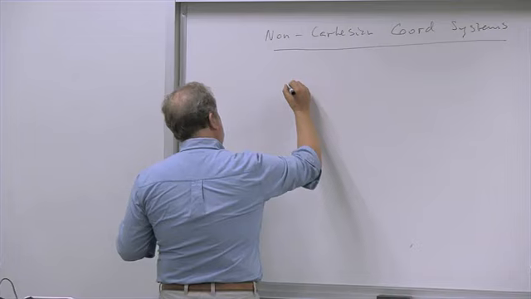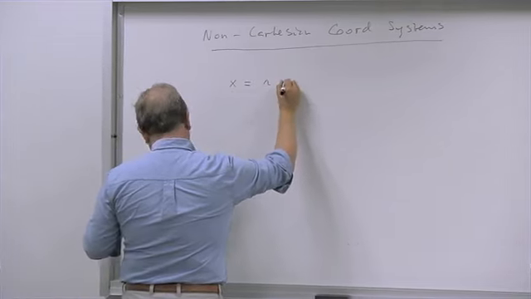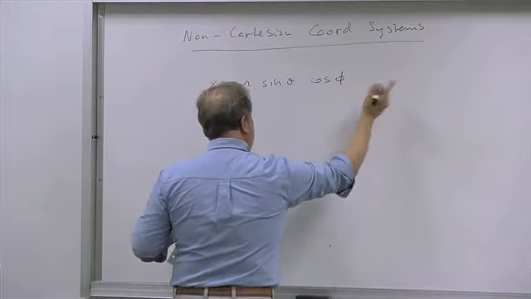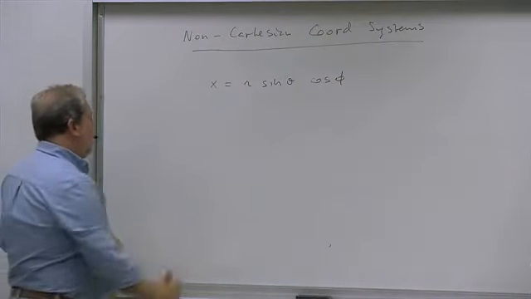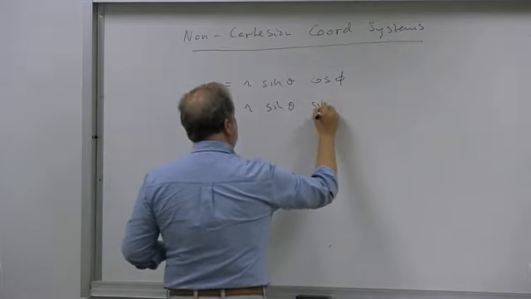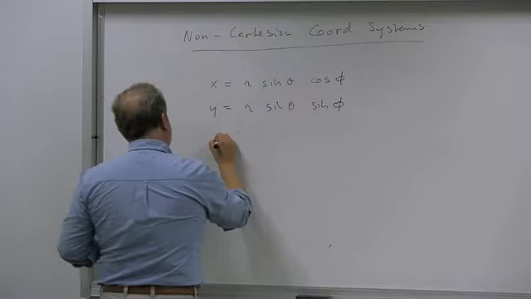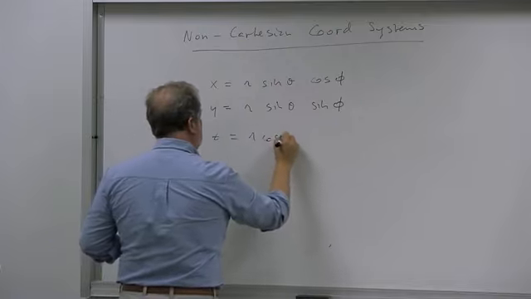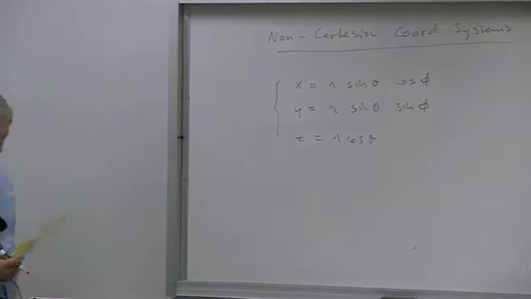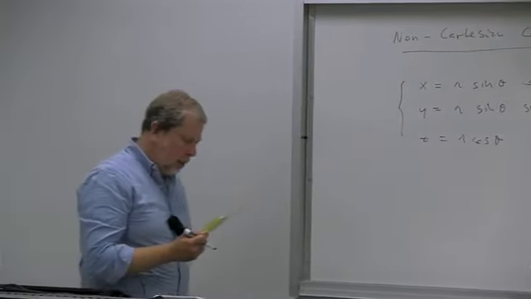So we have x equal to r times sine theta times cosine phi, with the usual definition of the angles, and y is equal to r sine theta sine phi, and z is equal to r times cosine theta. That defines our change of variables from the Cartesian to the polar coordinates.